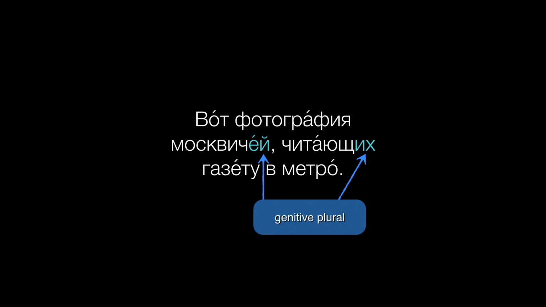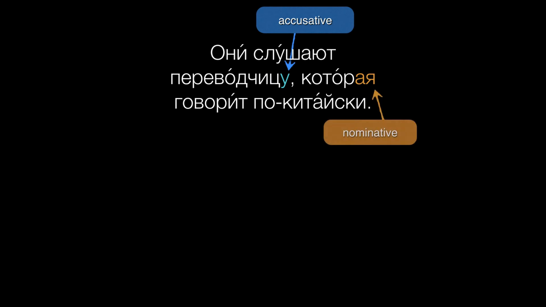This is actually an important difference from который. You'll recall that the case ending for который depends on its function in the clause where it occurs. For example, они слушают переводчицу, которая говорит по-китайски. Here, переводчицу is in the accusative since she's the direct object in that first clause. But которая is nominative because the translator would be the subject of the second clause.